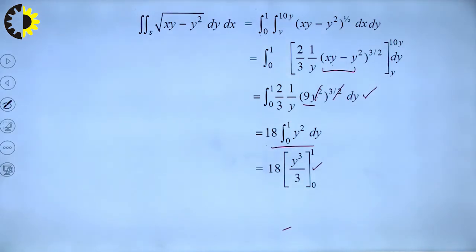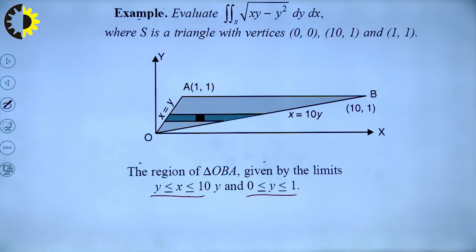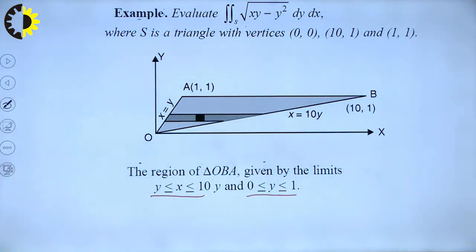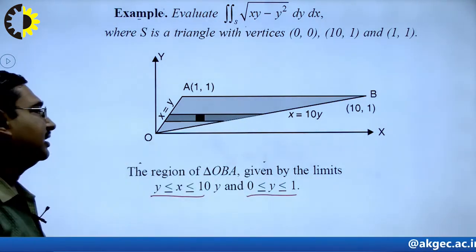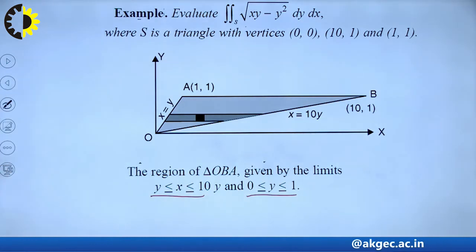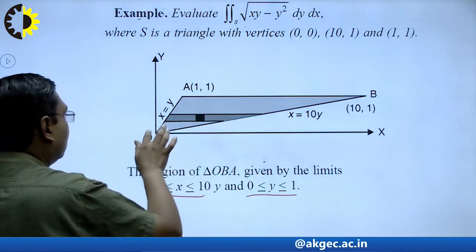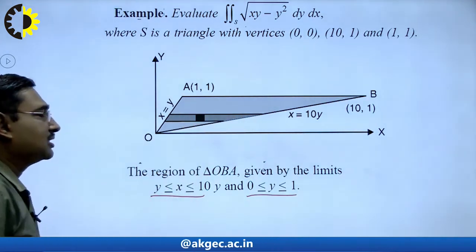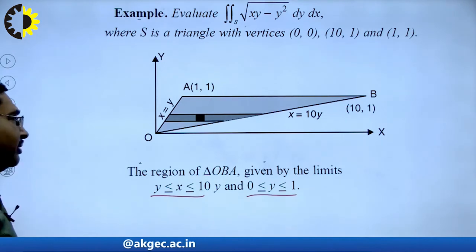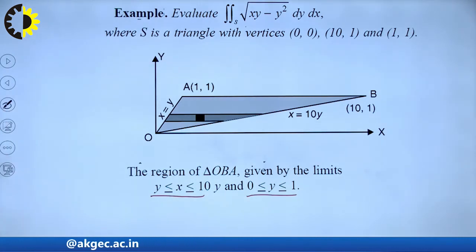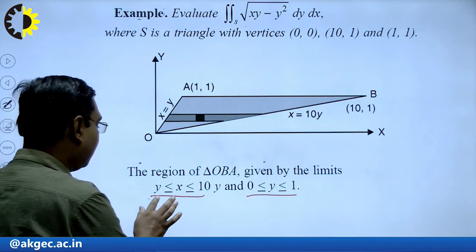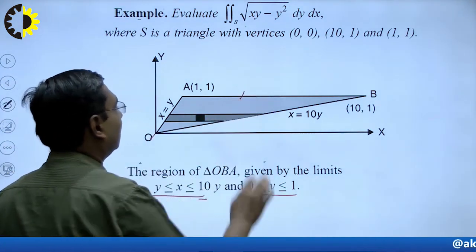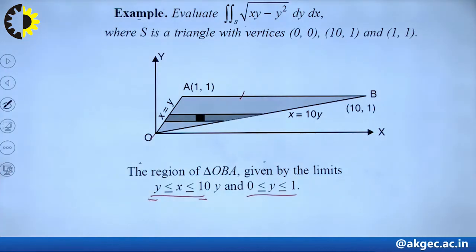Let me sum up what happened. This double integral was given. We were trying to find the limits by dividing the region into horizontal slices. First of all, I drew the region and obtained the equations of boundary. By taking a horizontal slice, it is clear that the limits of x will be calculated from the equations of boundary and they will be variable limits. The limits of y will be calculated from the extreme points of the region and they will be constant.